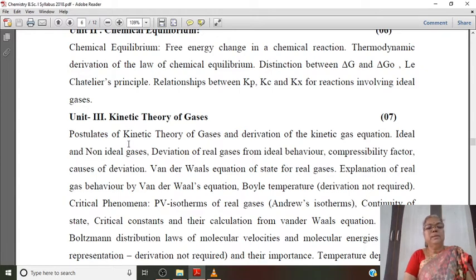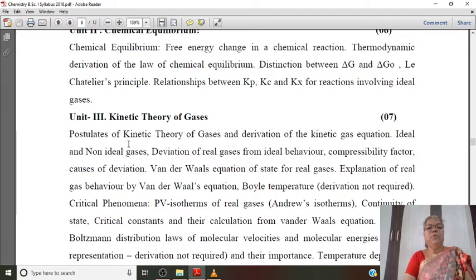It consists of subpoints such as the postulates or assumptions of the kinetic theory of gases and derivation of the kinetic gas equation, ideal and non-ideal gases, deviations of real gases from ideal behavior, compressibility factor and causes of deviation.